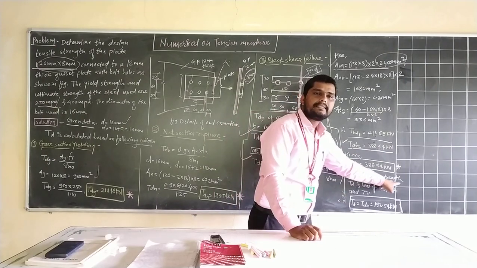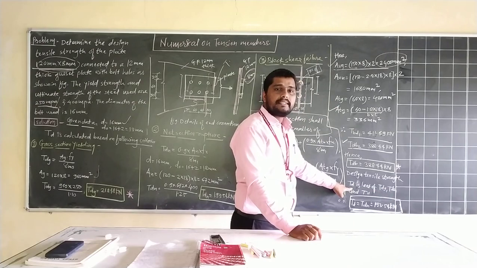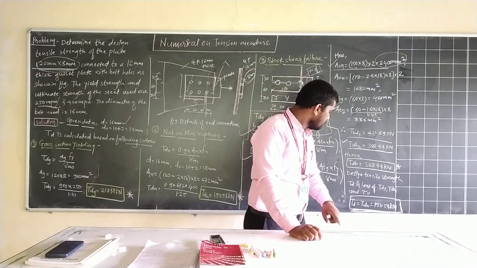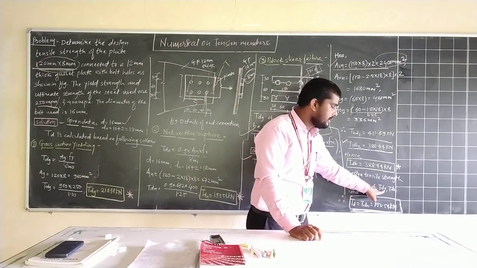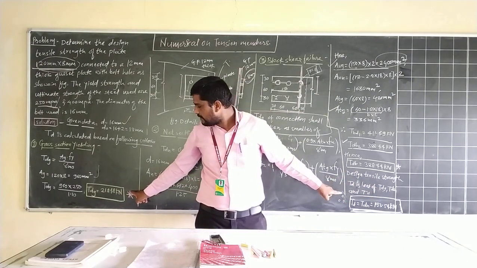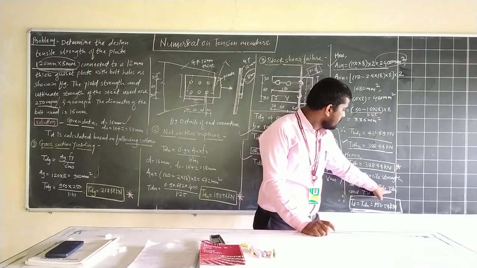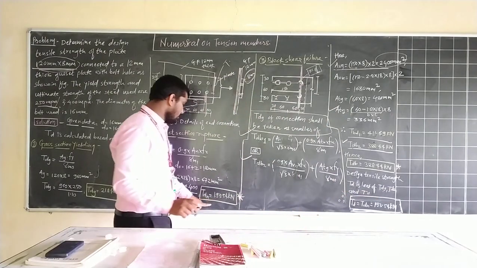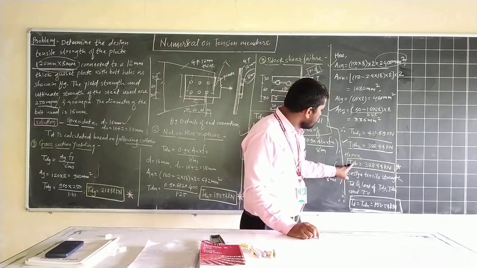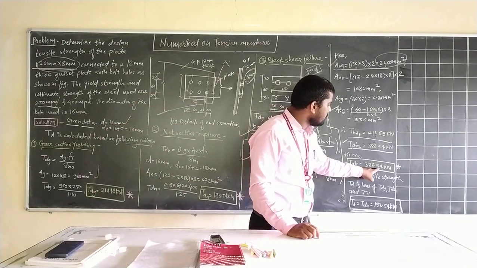Hence the design tensile strength, Td, is the least of all three criteria values. TDG is 218.18 kilonewton, TDN is 193.54 kilonewton, and the last, the TdB value, is 388.44.